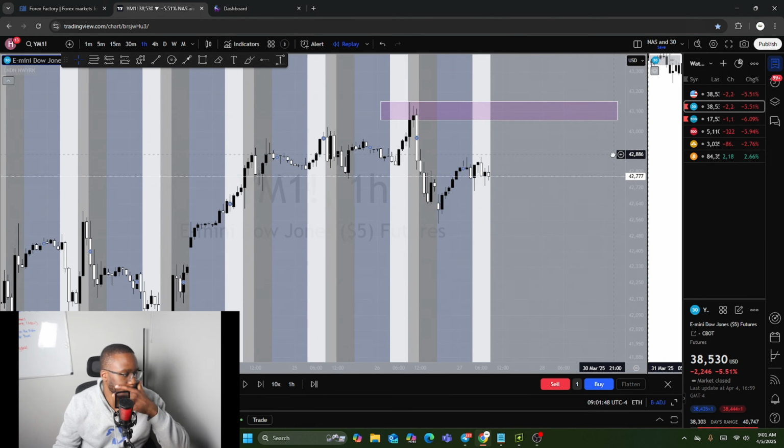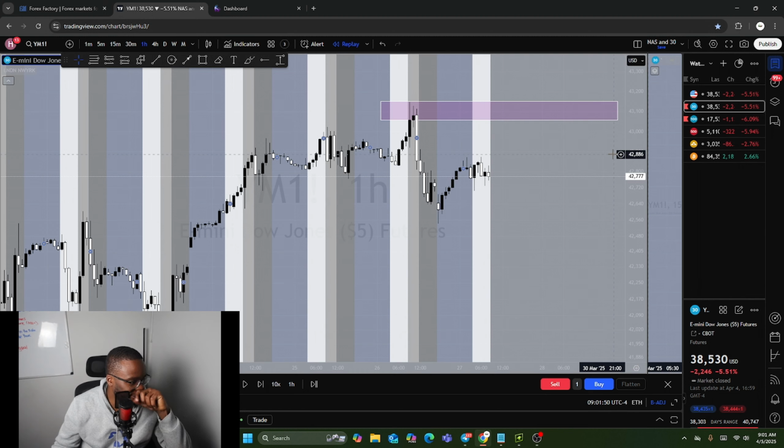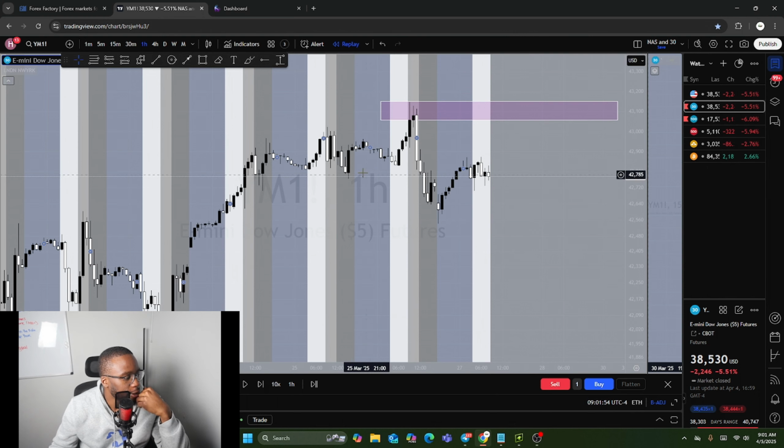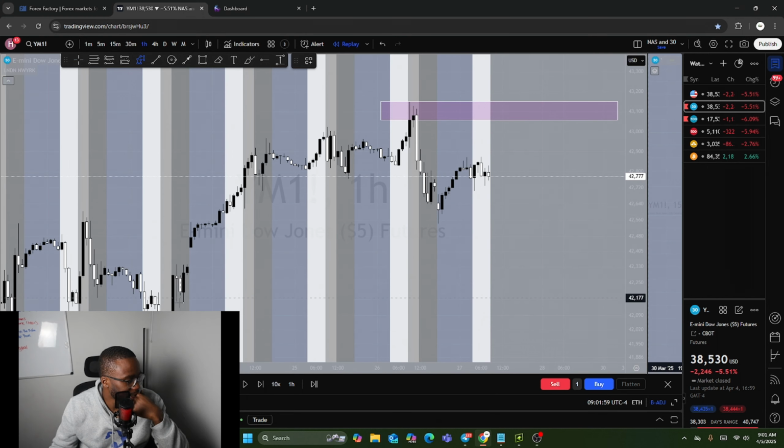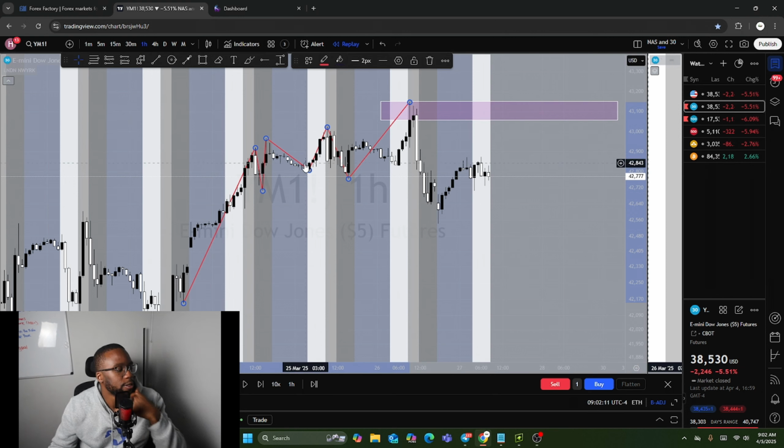Whenever I find it a hard time reading the charts, I like to just draw it up. Draw the structure. Why not just draw a structure? Boom. You get the highs. We got the low. We got the high. We got the low. We got the high. Okay, so right here would be an area. Right here would also be an area.